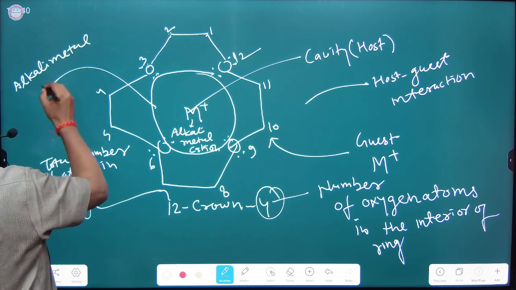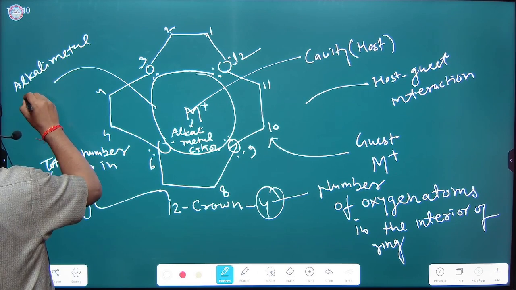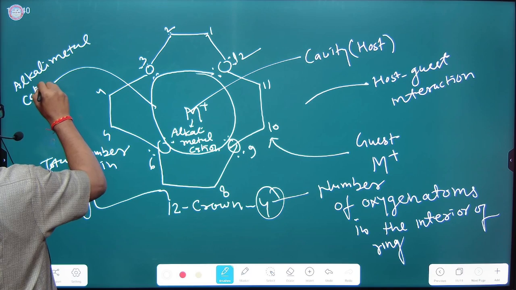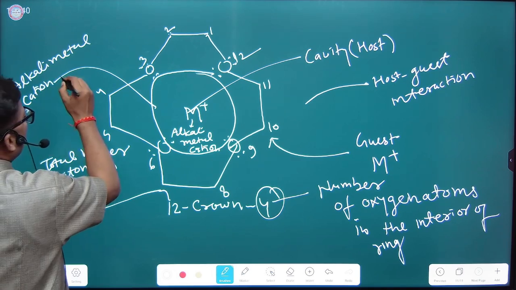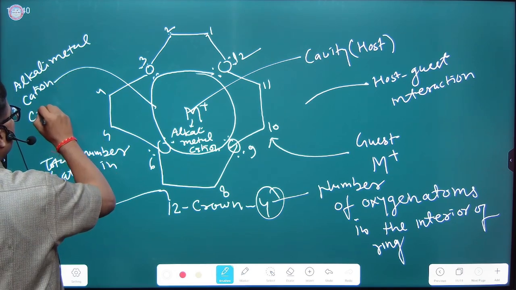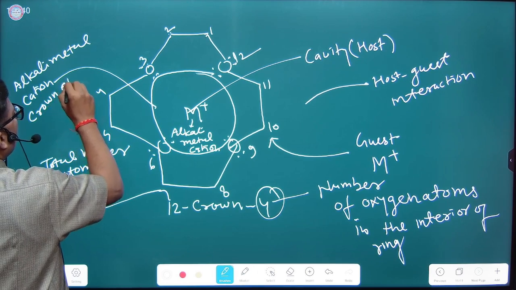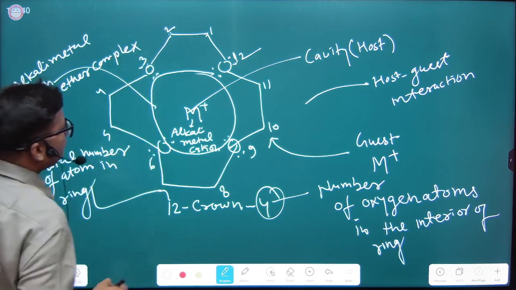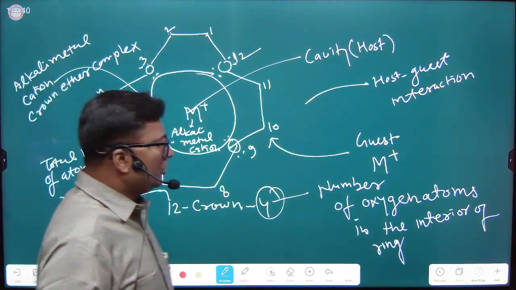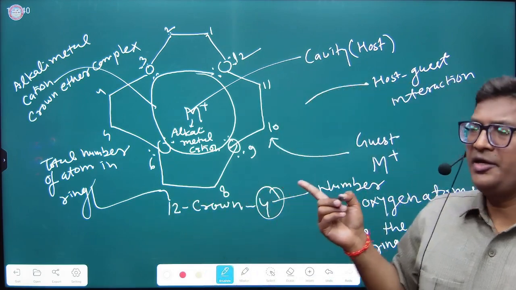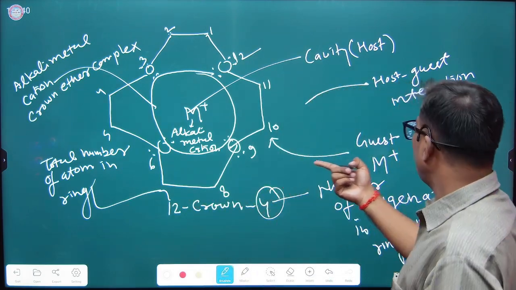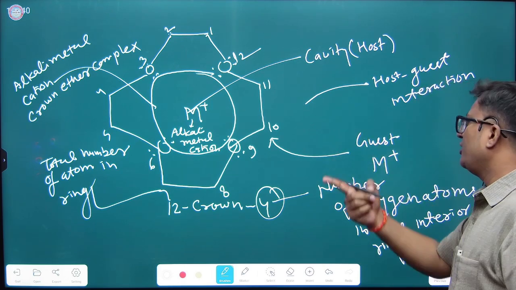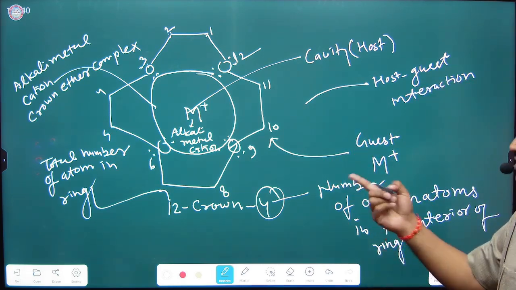Crown ether complex. So this ligand can accommodate one particular alkali metal cation in the host of the structure.